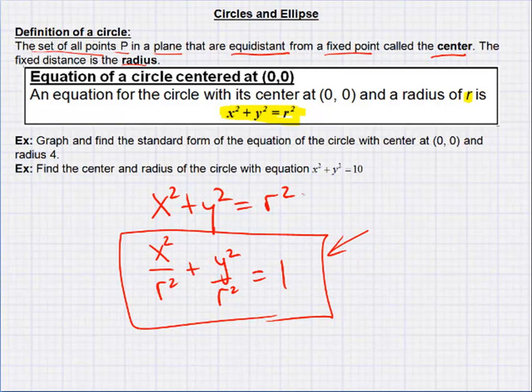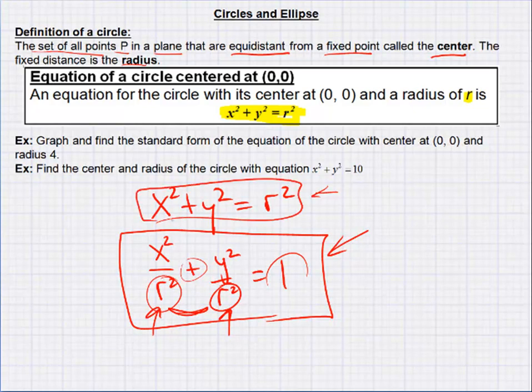I can write the same equation in this form, and the idea is, I still have the two squares, they're added together, and they're divided by the exact same thing, which is r squared. So the square root of that number would give me the radius, and the whole thing is equal to 1. You might see both forms. More likely you're going to see the first form, but there are two different ways to write it.